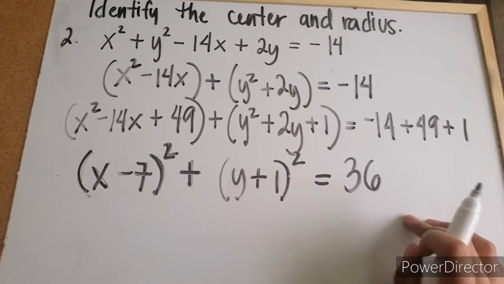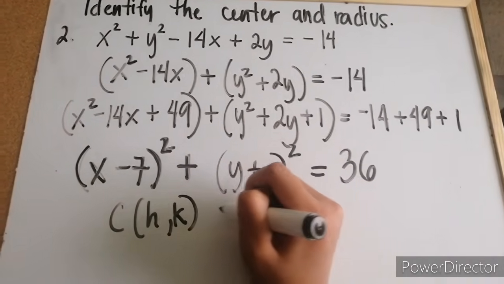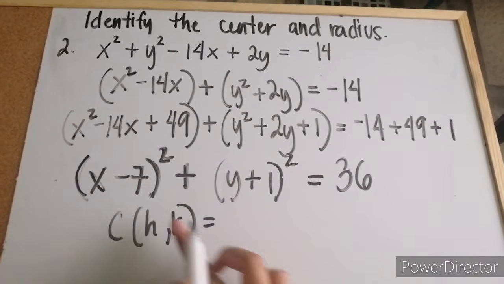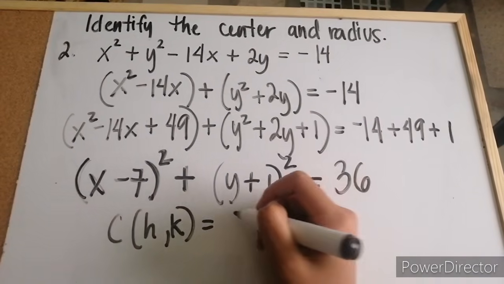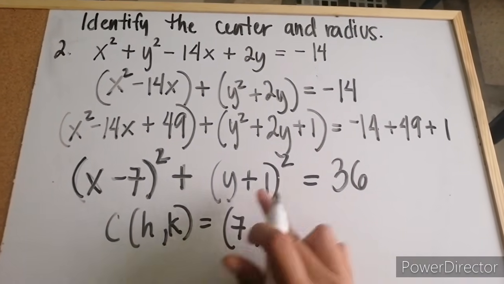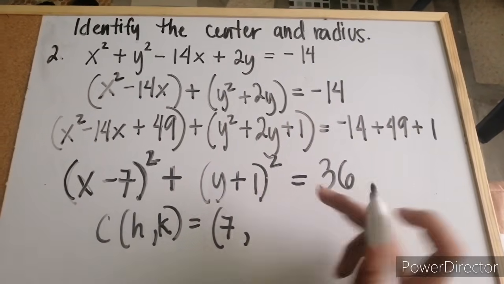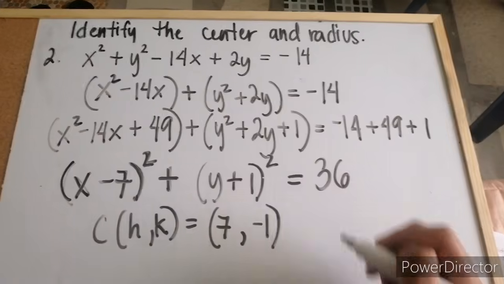So let's find our center. Center is at (h, k), and our h here is negative 7, so we will have 7, and our k, which is 1, so we will have negative 1 as our center.